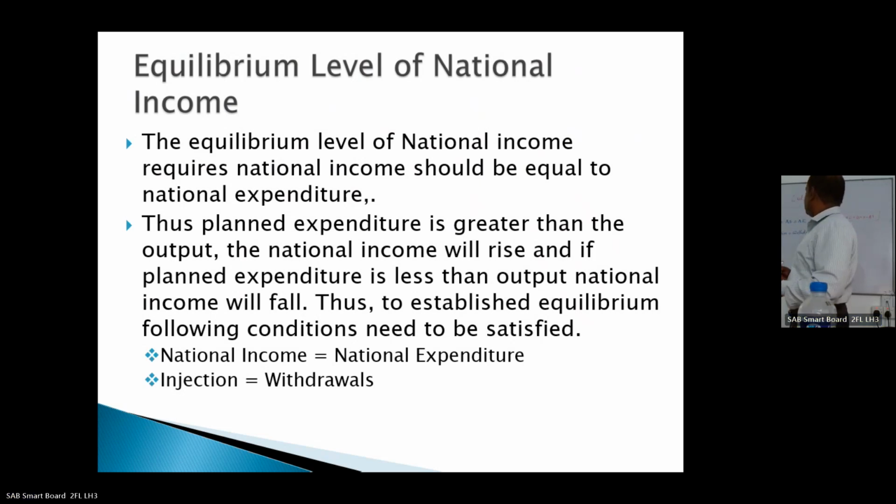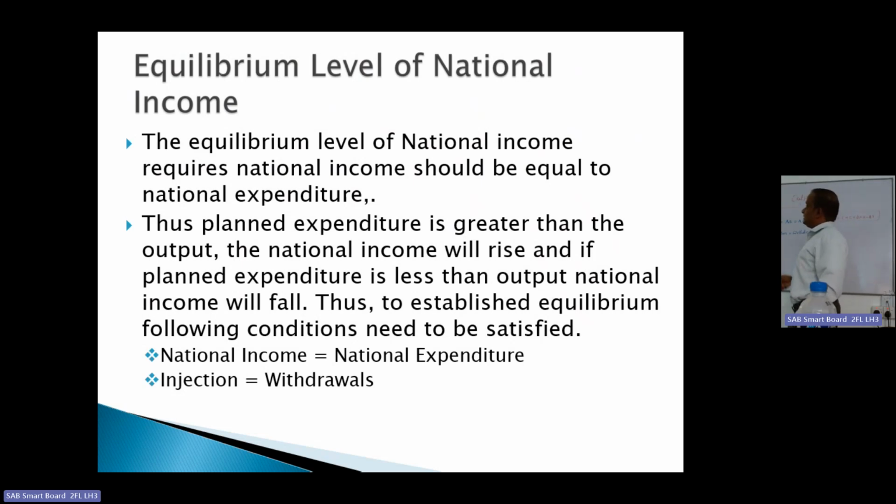Now, what are the injections and what are the withdrawals? Expenditure will be equal to income. Aggregate supply means income, and aggregate expenditure should be equal to the income. That is equal to the aggregate demand, called planned expenditure, which should be equal to the income, because at the equilibrium point these are planned expenditures.